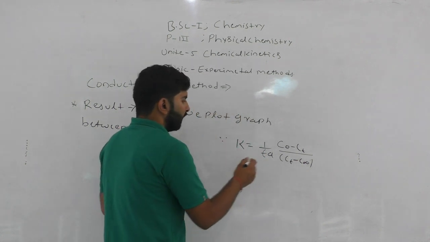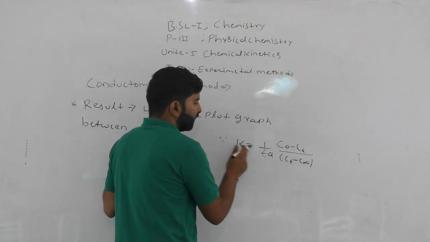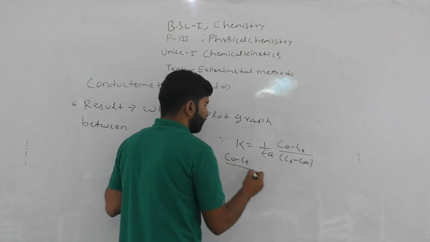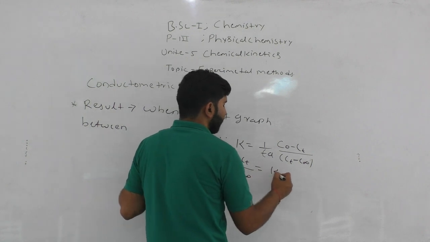So, we can separate the T and the concentration term as C naught minus Ct upon Ct minus C infinite equals to Kt.